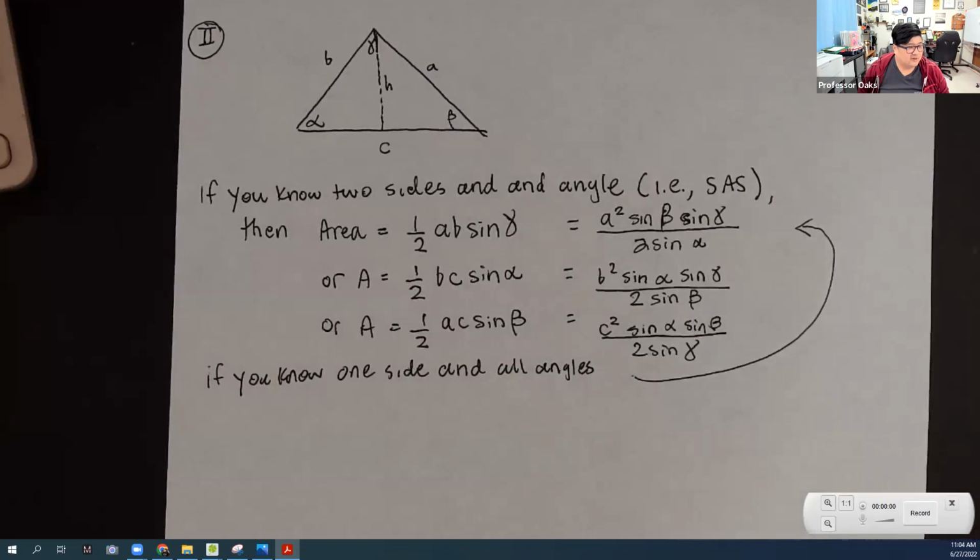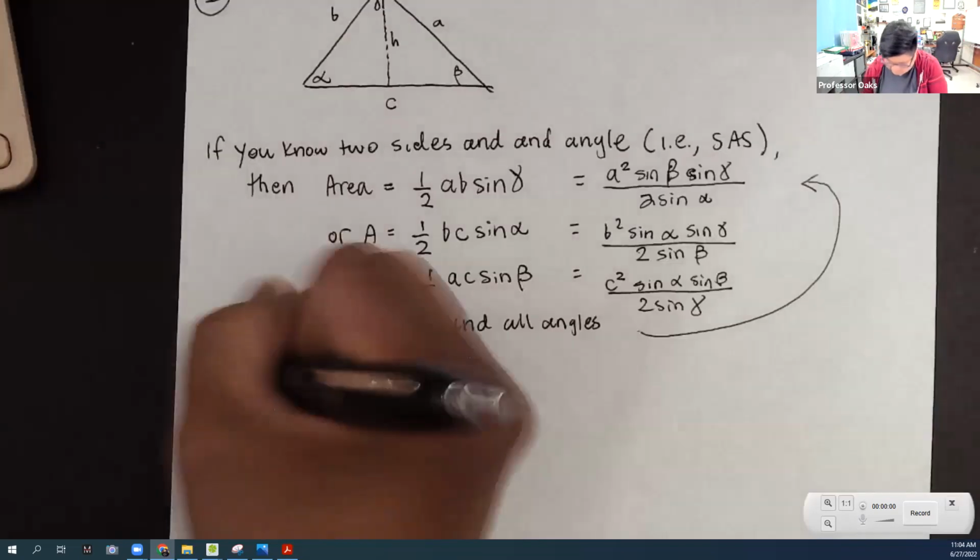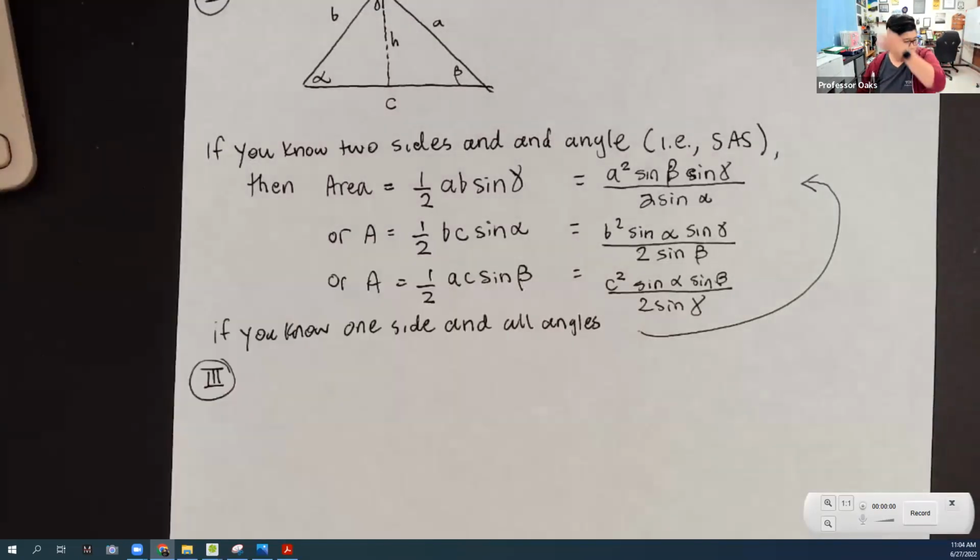But then the third way is something called Heron's formula. There actually are other things that could be helpful, but I'll talk about this third one.